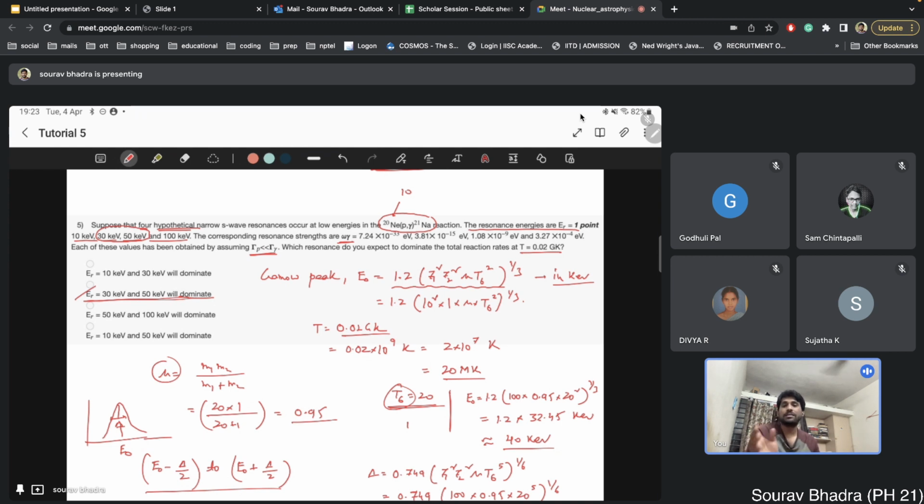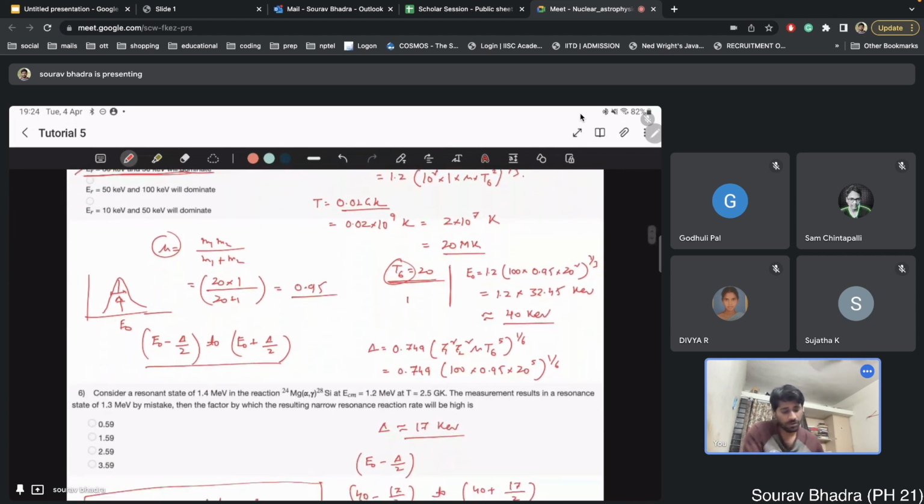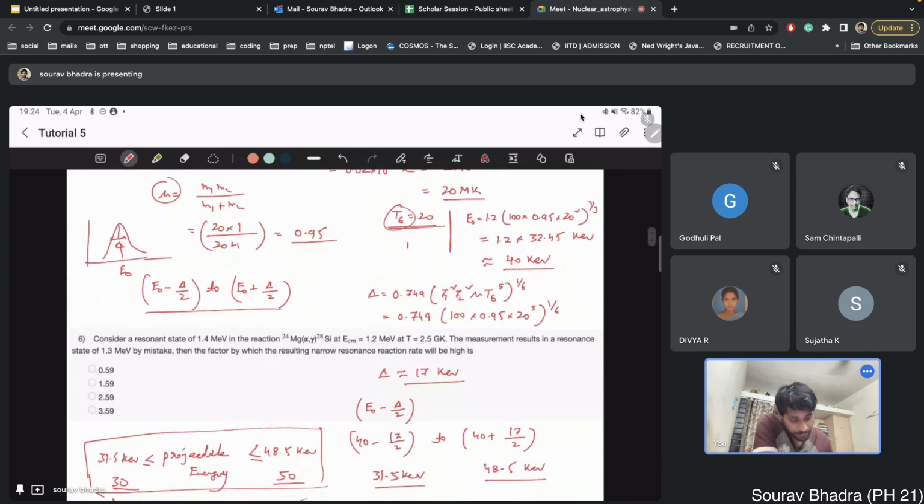Given that the particle has this type of resonant energy, what will be the range of the energy for which the reaction will happen? I think that's the way they tried to formulate this particular problem. But this is a confusing type of problem. I don't know why they have given this. Okay, so this was the result.